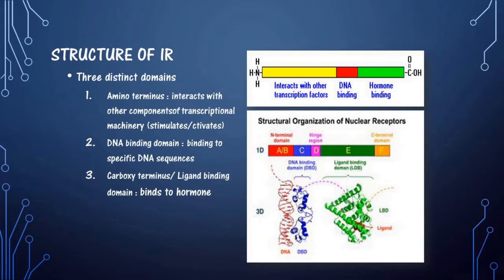And third is the carboxy terminus, or the C-terminal end, which is the ligand binding domain, which binds to the hormone. So the N-terminal end interacts with the transcription factors, and the hormone binding region is where the hormone, that is the ligand, binds.